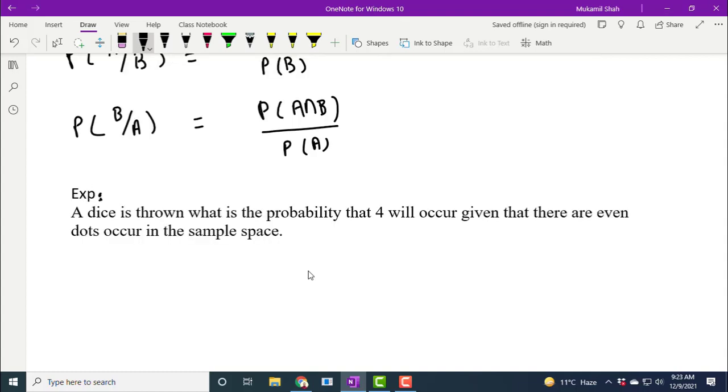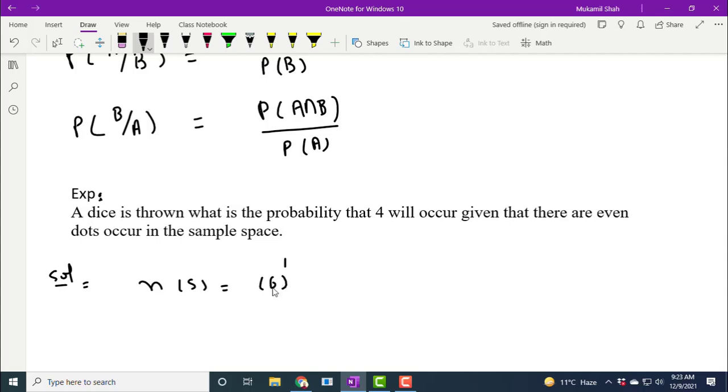So this is the example, and we will solve it using the above formula. When a dice is thrown, the sample space consists of how many possible outcomes? The number of outcomes in the sample space is equal to the number of sides of the dice, which is 6, raised to the number of dice.